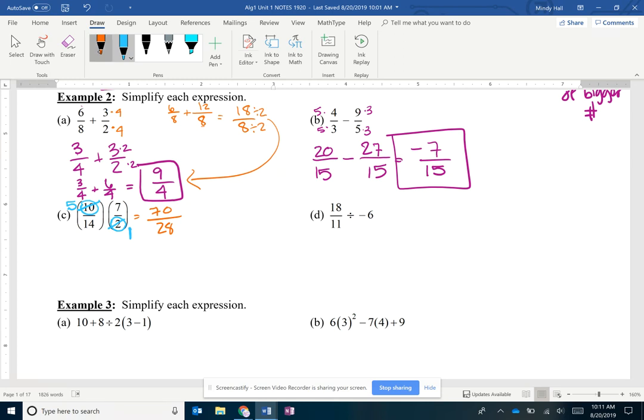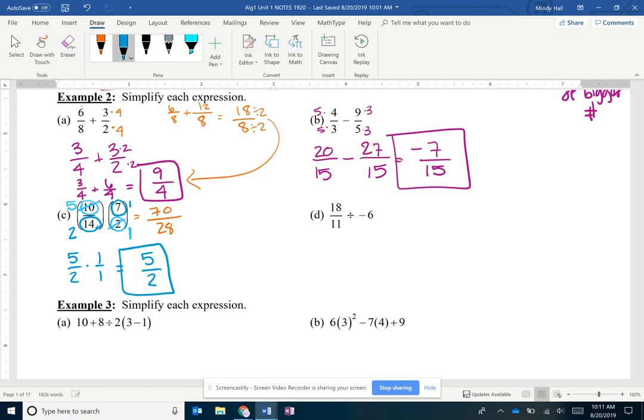But then I notice that, do a slightly darker blue, this 14 and this 7 have a 7 in common. So if I divide 14 by 7, that gives me 2, and 7 divided by 7 gives me 1. So now my problem is really like 5 over 2 times 1 over 1, which just gives me 5 over 2.